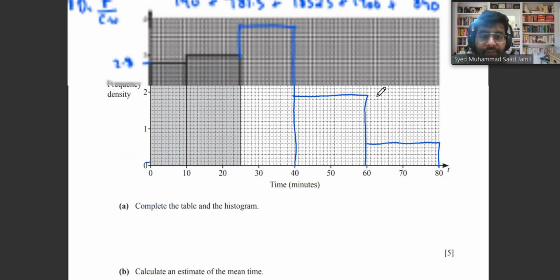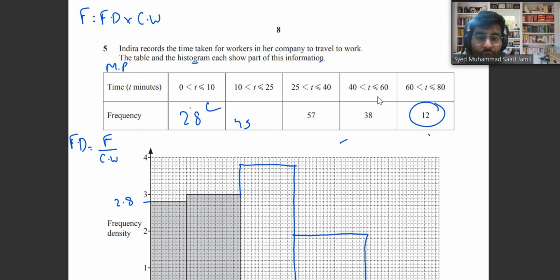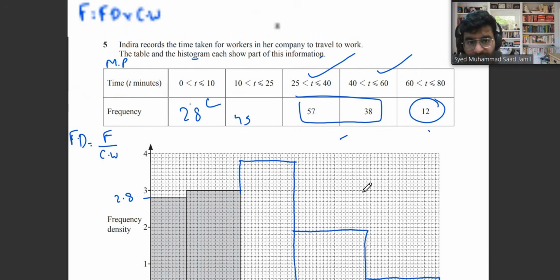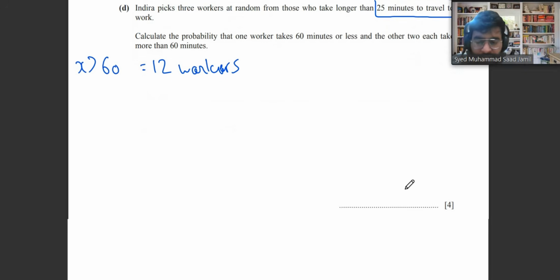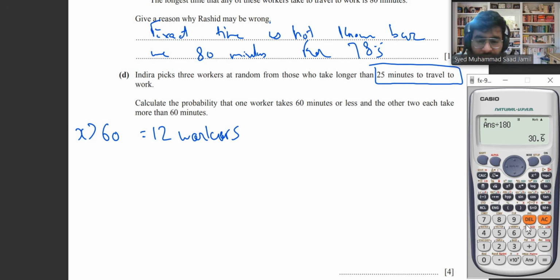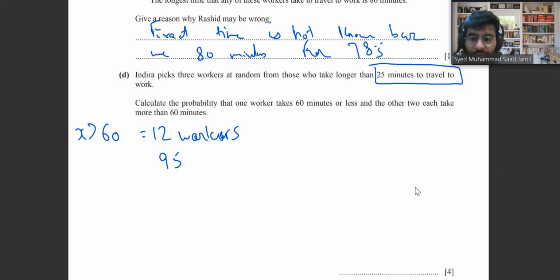So basically longer than 25 minutes, less than 60 minutes. So we will choose 57 and 38. So 57 plus 38 becomes 95. Let me add it as well. 57 plus 38, so that's 95.